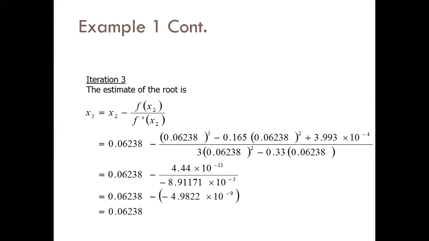Again iteration number 3. We can find out x3 by using the value of x2 minus f of x2 divided by f dash of x2. Put the values of x2 in that equation and solve. After performing all the calculation, the value is 0.06238, the same as after iteration number 2.